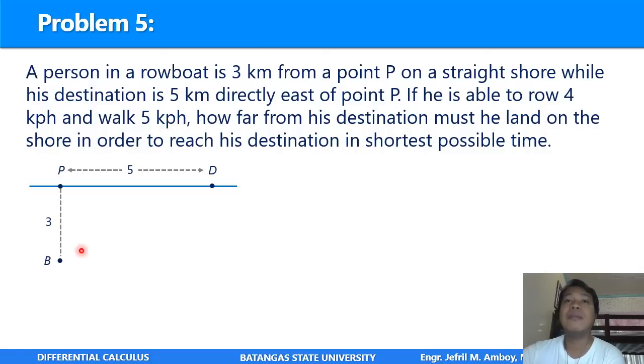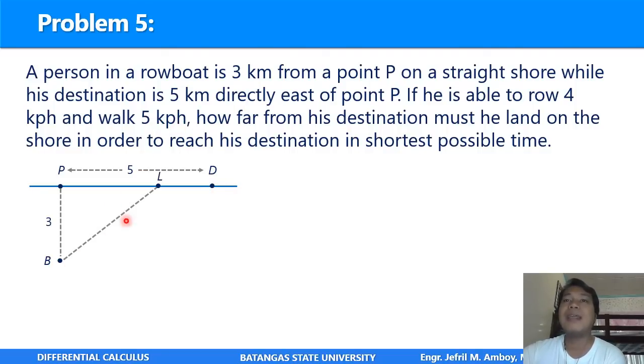Okay, so what must he do? He needs to land somewhere in between points P and D. So for example, this is the landing point L. So from here to there, he will row at a rate of 4 kilometers per hour. And then from point L to point D, he'll just walk it at exactly 5 kph.